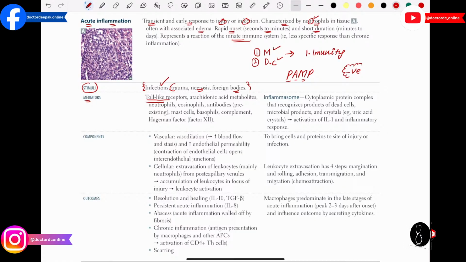So whenever there is a bacterium in our body, on the gram-negative bacterial outer membrane we have the pathogen-associated molecular pattern, and that pattern is going to react with the innate immunity cells, as I already explained previously: in the macrophages and the dendritic cells, we have the toll-like receptor.